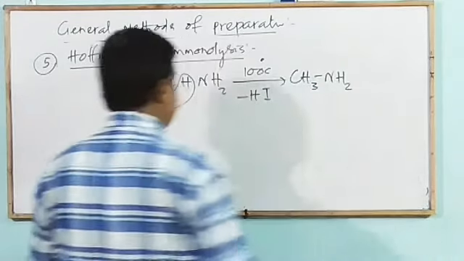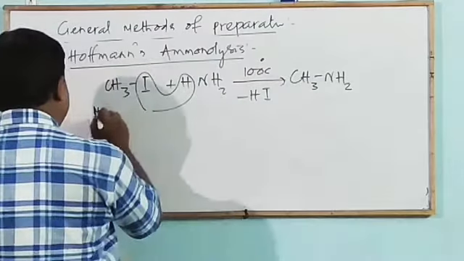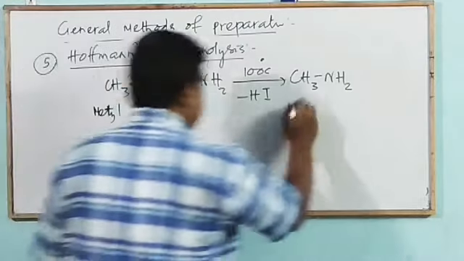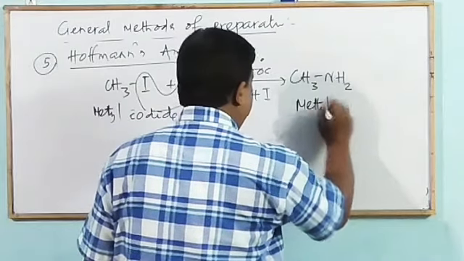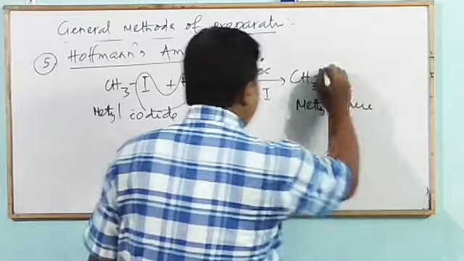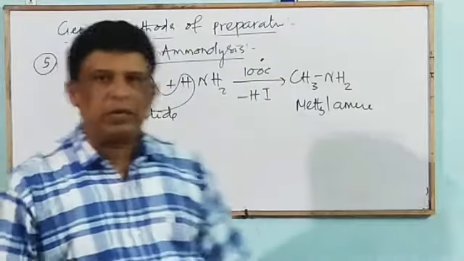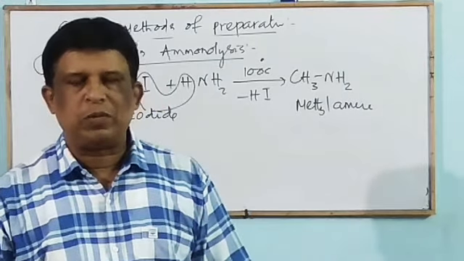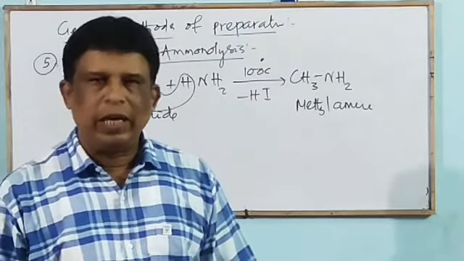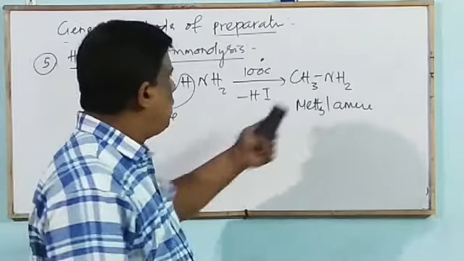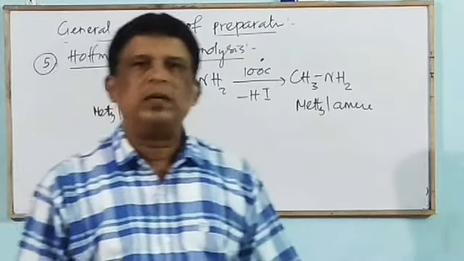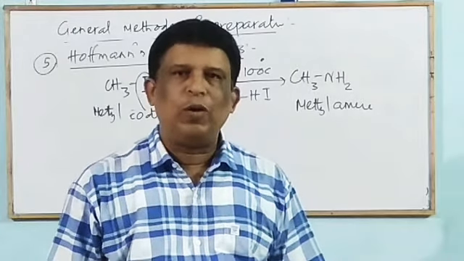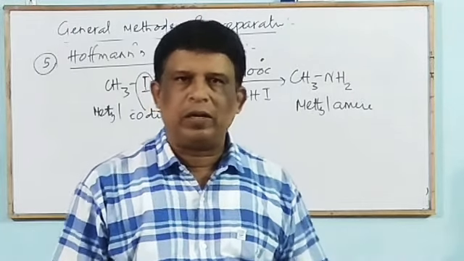Methyl amine is formed. It is an example of a nucleophilic substitution reaction, because here the ammonia or amine behaves as nucleophile due to the availability of lone pair of electrons on the nitrogen atom.